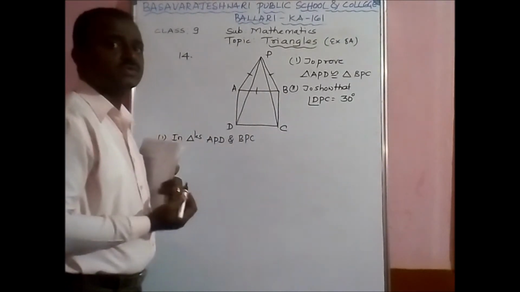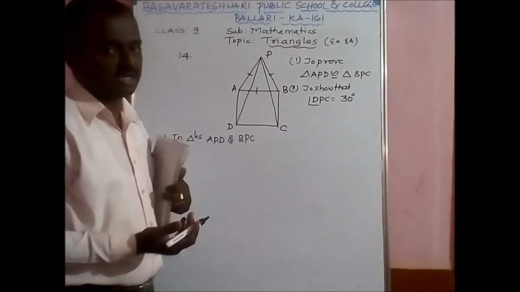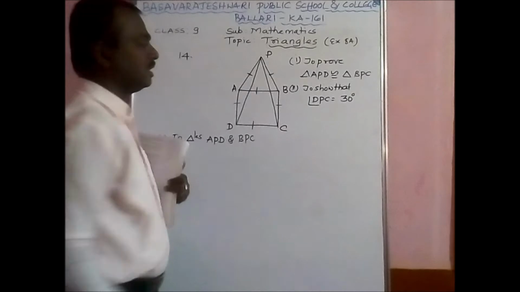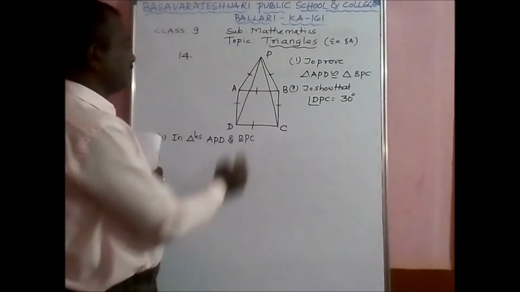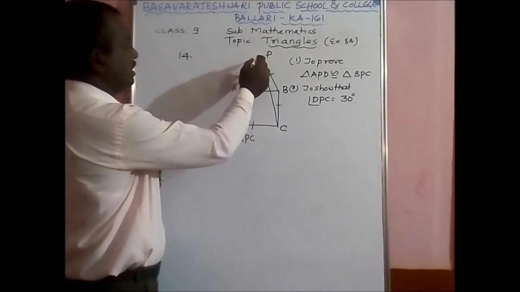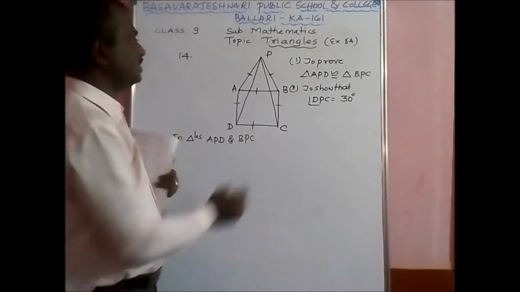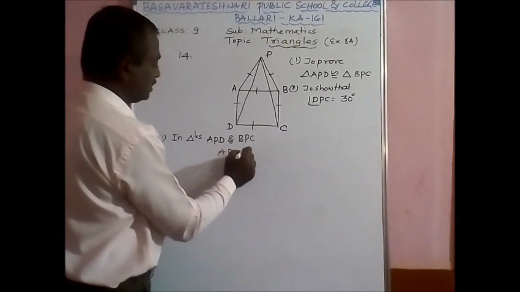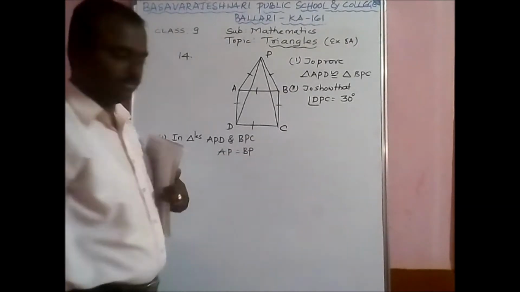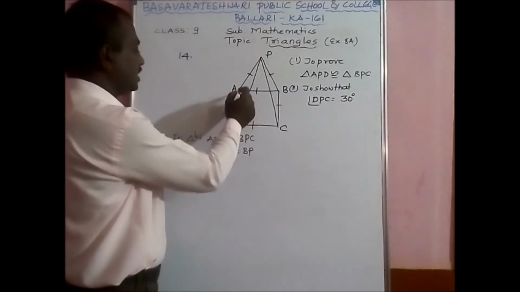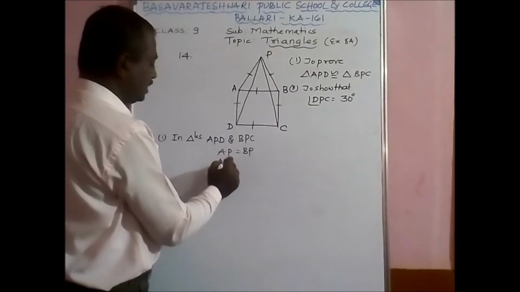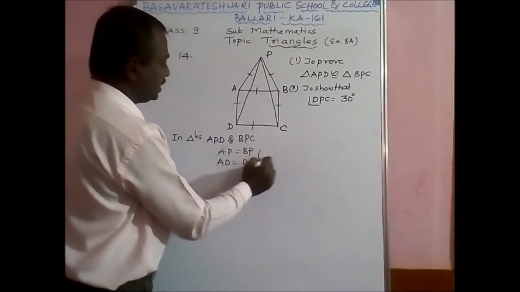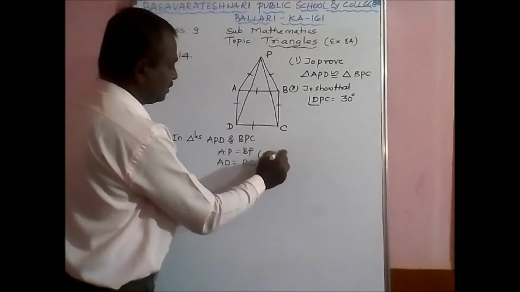We know that in a square all the sides are equal. Therefore AP is equal to BP in the two triangles. Next, AD is equal to BC. That is given.